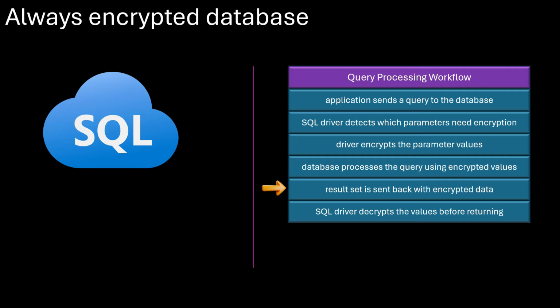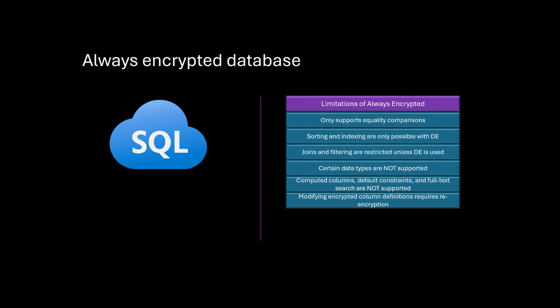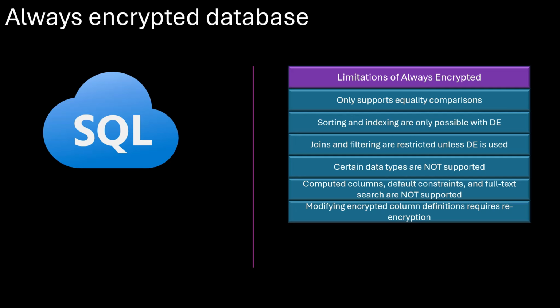The result set is sent back with encrypted data, and the SQL driver decrypts the values before returning them to the application. Since SQL Server never sees the plain text data, no sensitive data is ever exposed to the database engine or administrators.